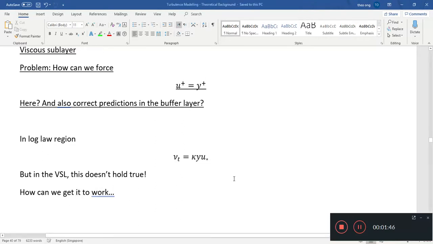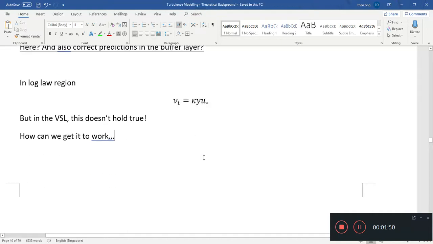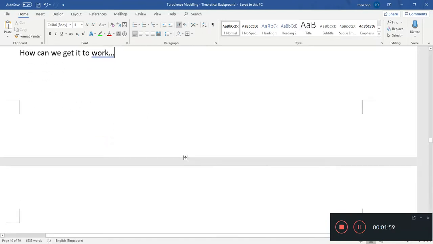To get the correct turbulence viscosity in the viscous sublayer and in the turbulent regime, we use another damping function.